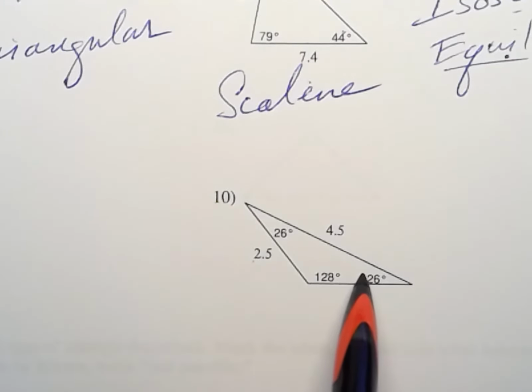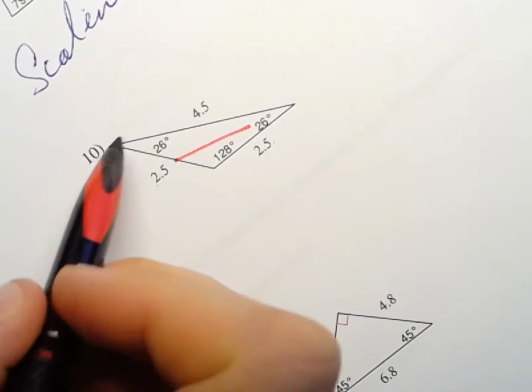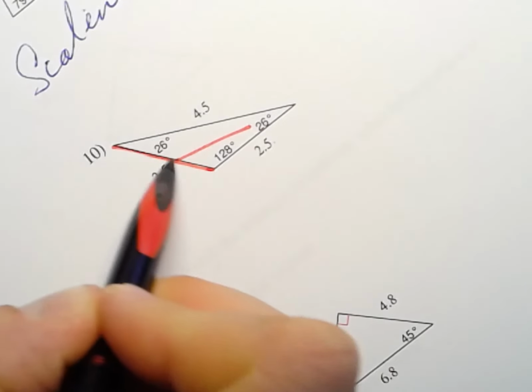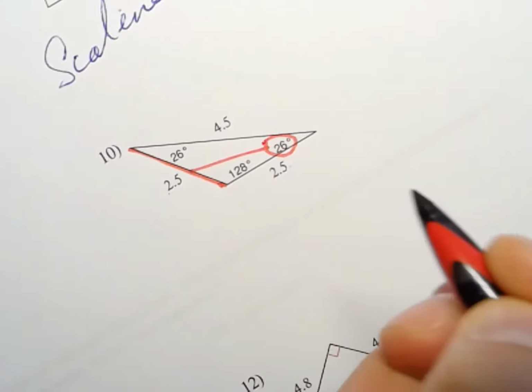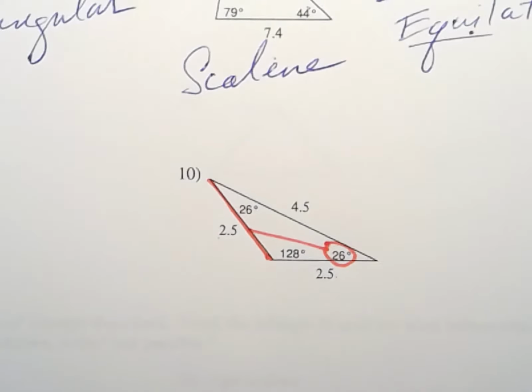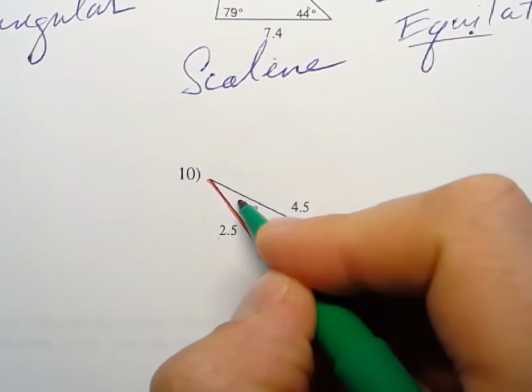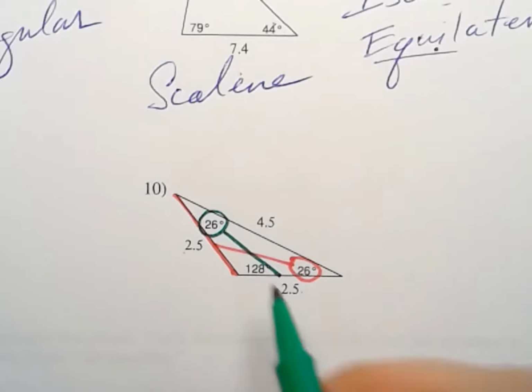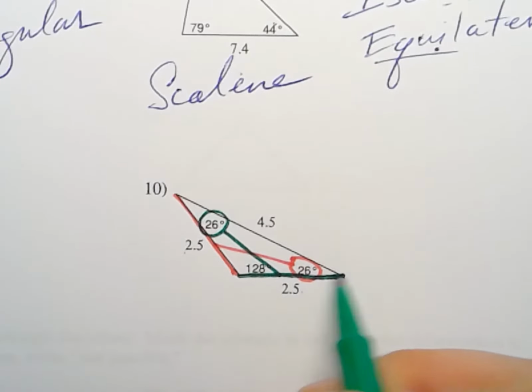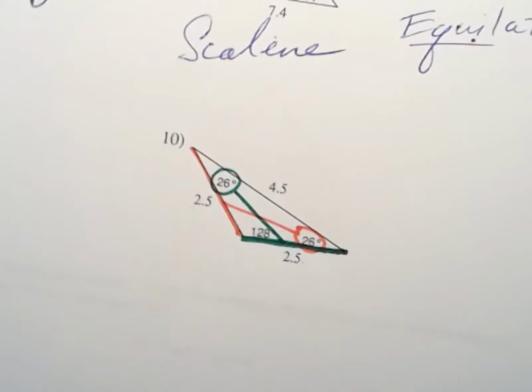This 26 is across from the 2.5, excuse me, not 25, 2.5. And the same goes for this one right here, we have this 26 across from this 2.5.